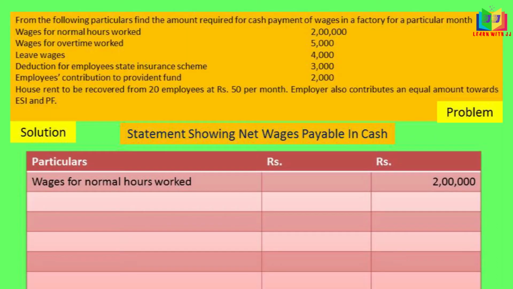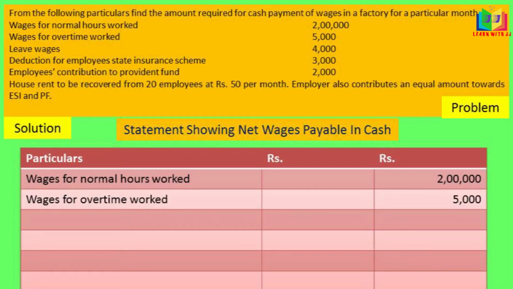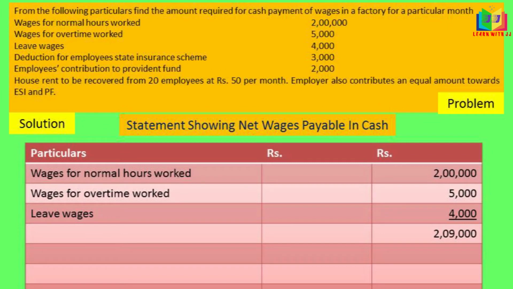Here first we will write wages for normal hours work 2 lakh rupees, and next wages for overtime work 5,000 rupees, and next we have to take leave wages, and this also is to be paid by the employer, so 4,000 rupees, and together the employer wants 2 lakh 9,000 rupees.